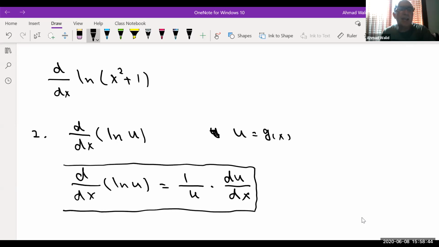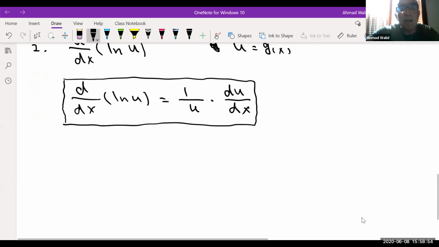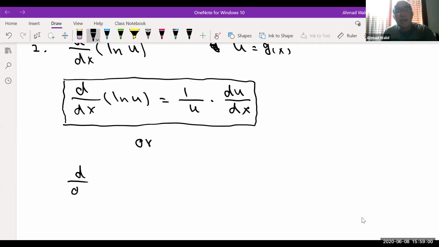Sometimes when I see ln x, immediately I'll change it to 1 over x. But if I have ln of x squared plus 1, then I will apply this rule. I can write this rule in a different way also for you. D over dx of ln u actually equals g prime of x over g of x.